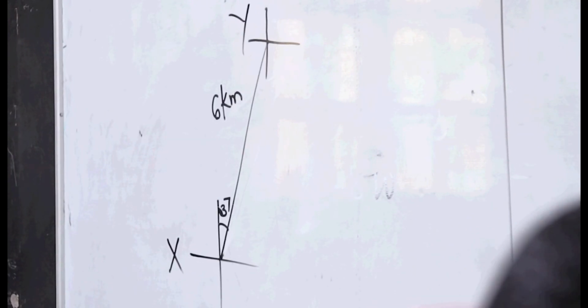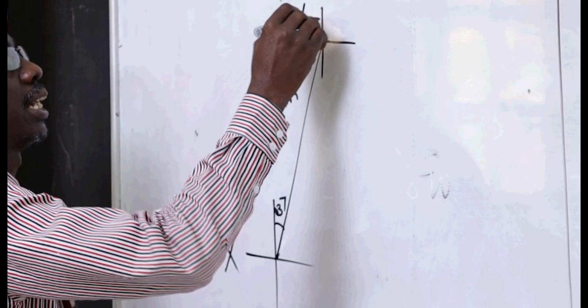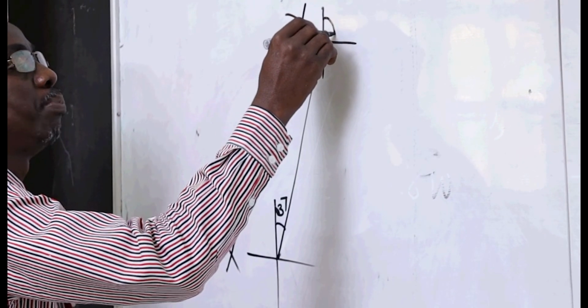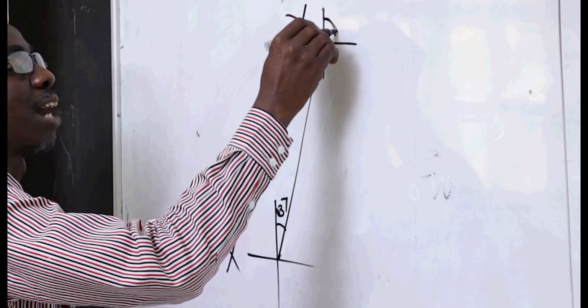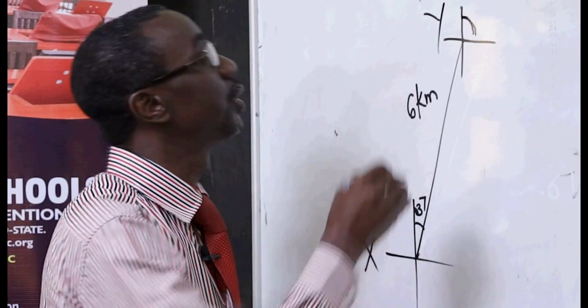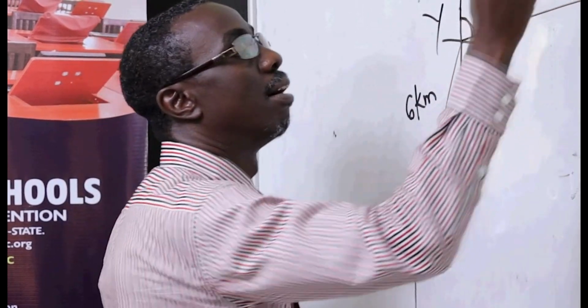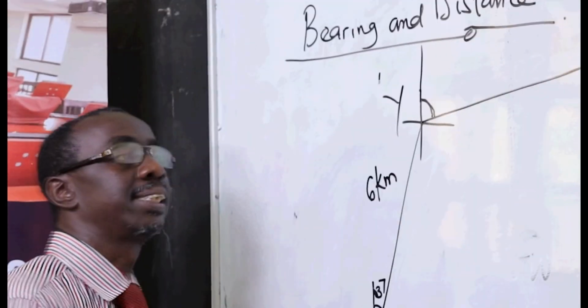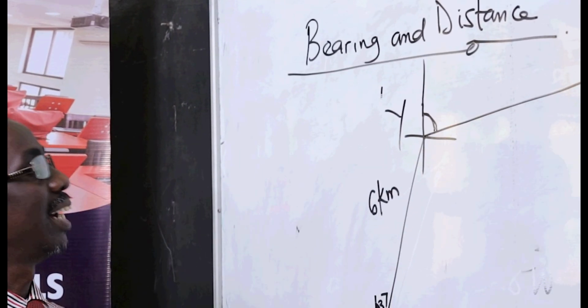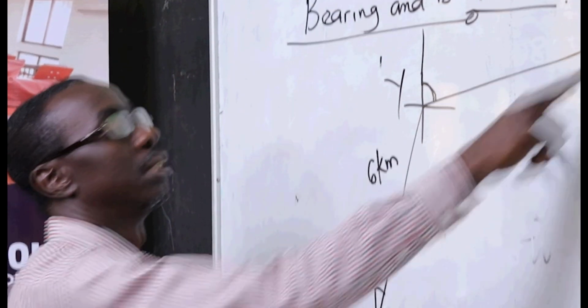All right. It then says 7 kilometers from Y on a bearing of 068. 068 should be a bigger angle than half of that quadrant, should be? Yes, sir. And 7 should be longer than what? 6.